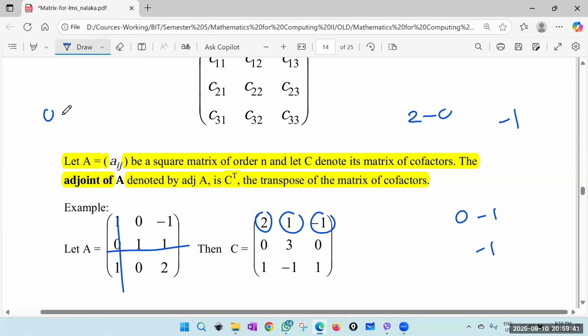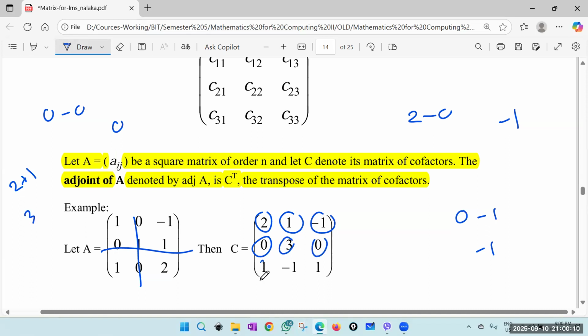Minus 1 into 0 is 0. 0 minus 0 is 0. And this is 2, 1. Anyway, 0 is 0. Okay. So then this one. 1 into 2 is 2. Minus 1 into 1 is minus 1. Minus of minus 1 is plus 1. That is 3. Then this element is 2, 2. 2 plus 2 is 4, even. Therefore, you write as it is.